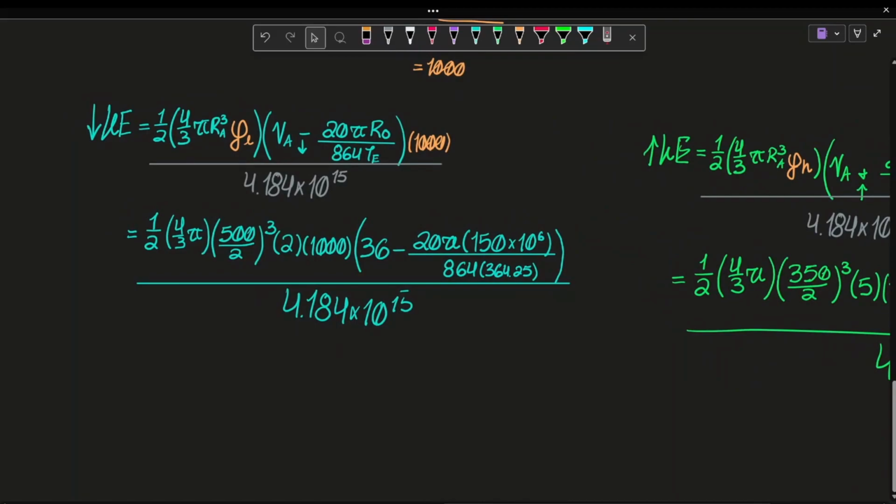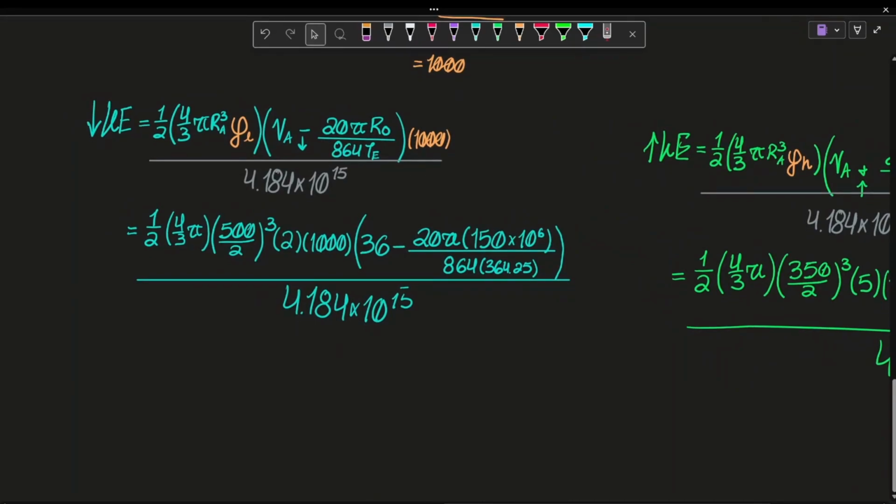Okay, let's see. Let's put this into Desmos Scientific.